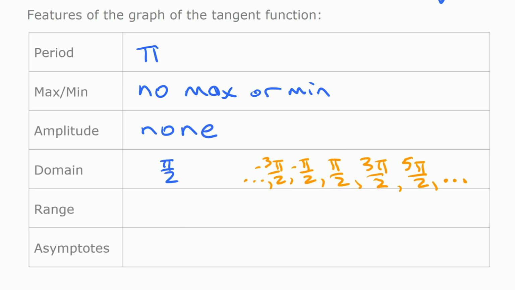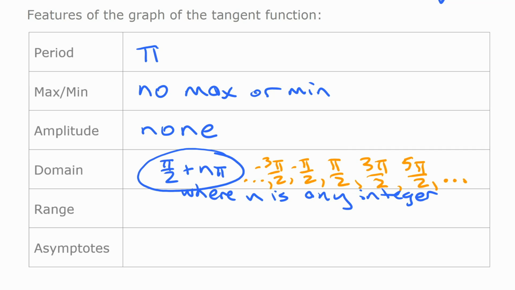So you can say pi over 2 plus n pi. And what you need to say, though, is that n is any integer. I didn't really leave myself enough room there, but you get the idea. And now what we're saying is the domain is every number except that. These are the values that x cannot be. So you're going to say x cannot be that, and it's implied that x can be every other number. The domain is every number except those.